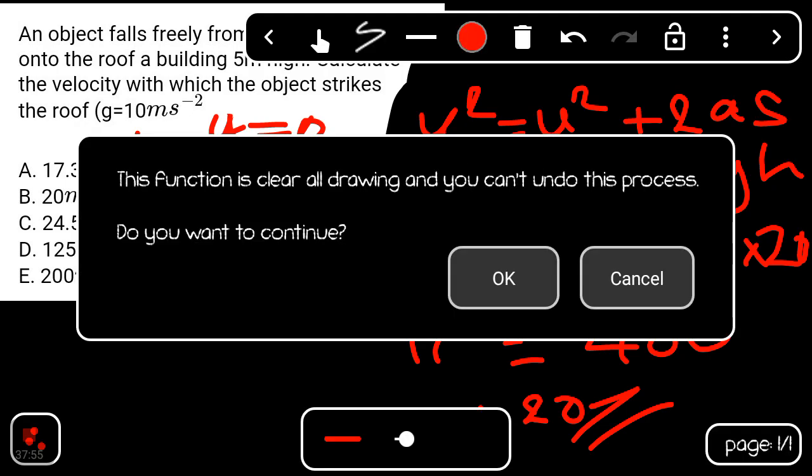So that's all for this topic. It's very, very simple and clear. Make sure you calm down and look for other questions and see how they are solved. As I said from the beginning, it's all about extracting your data. If you get your data, the rest is just putting it inside the formula. To know the formula is very easy, especially if you are used to the formula or you've crammed it.